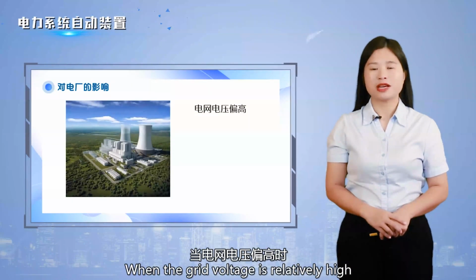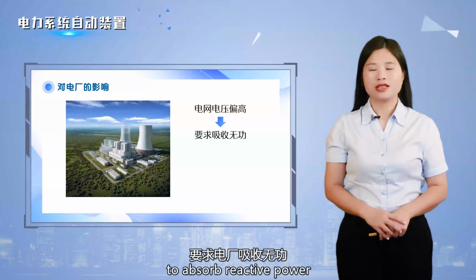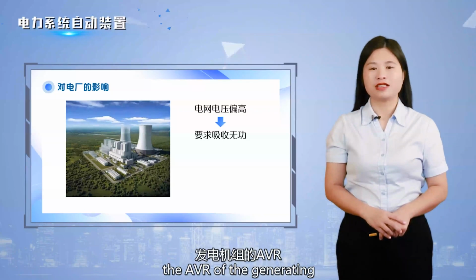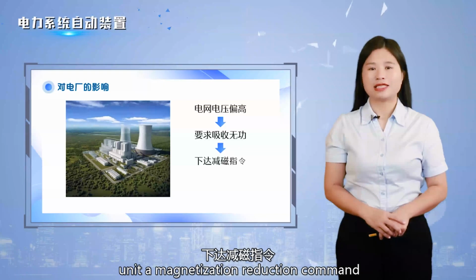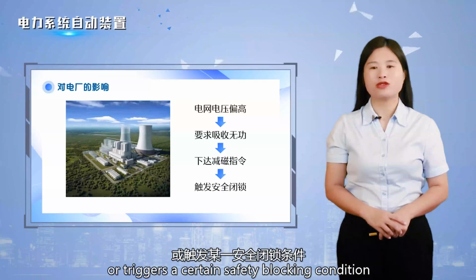When the grid voltage is relatively high, the AVC system will definitely require the power plant to absorb reactive power. So it will continuously issue the AVR of the generating unit a magnetization reduction command until it achieves the target control value set by the AVC, or triggers a certain safety blocking condition.